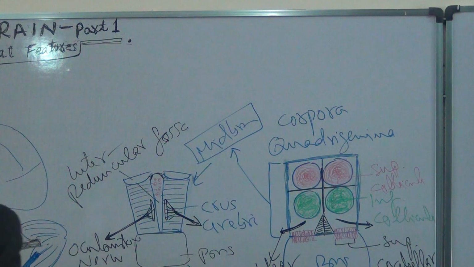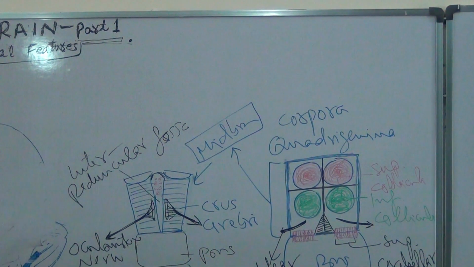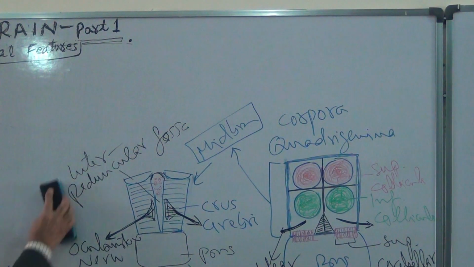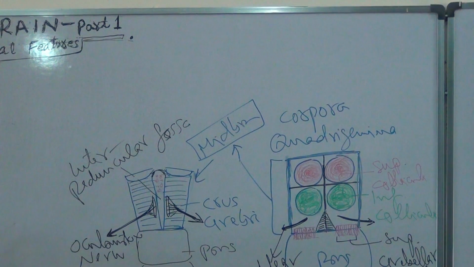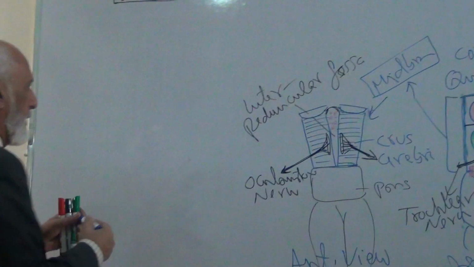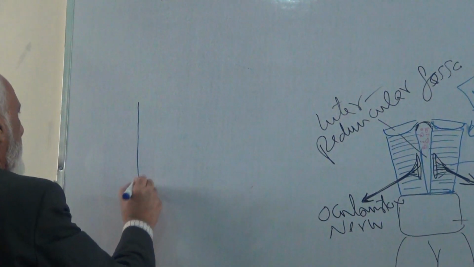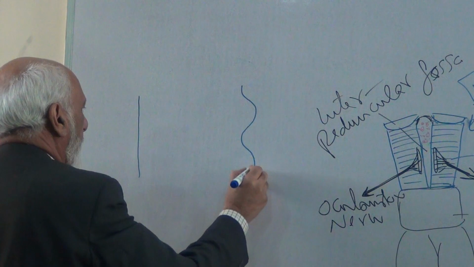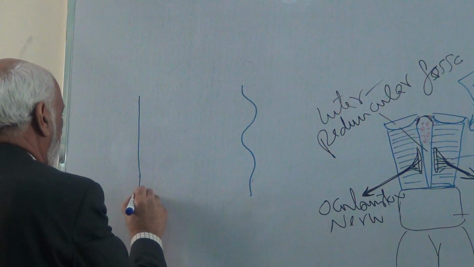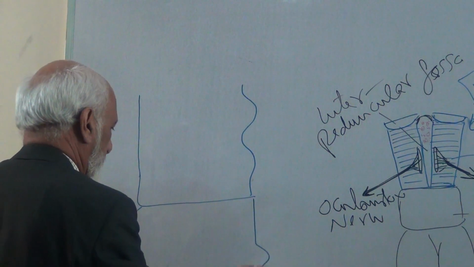Now what are the external features of the lateral aspect of the midbrain? Lateral view. Suppose this is lateral view of the midbrain. Below it is the pons.